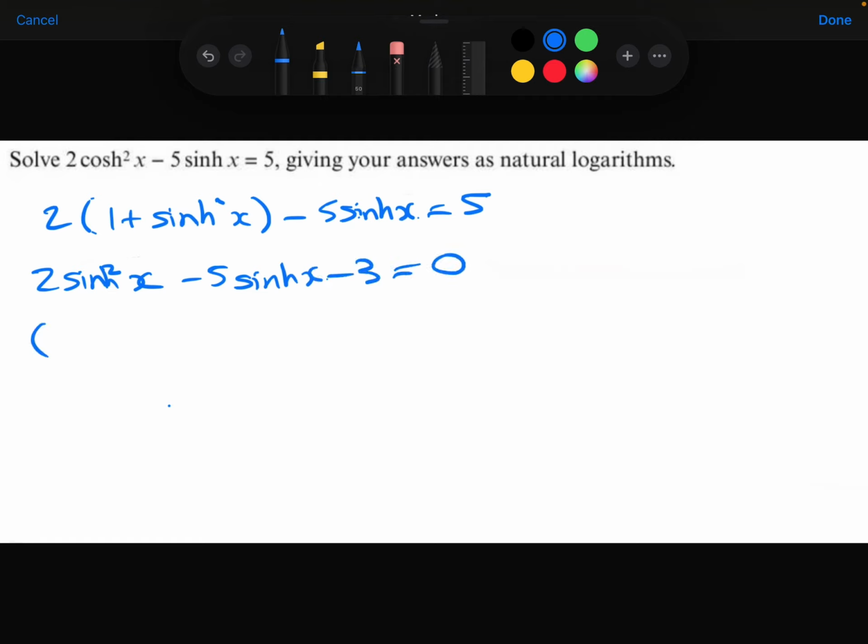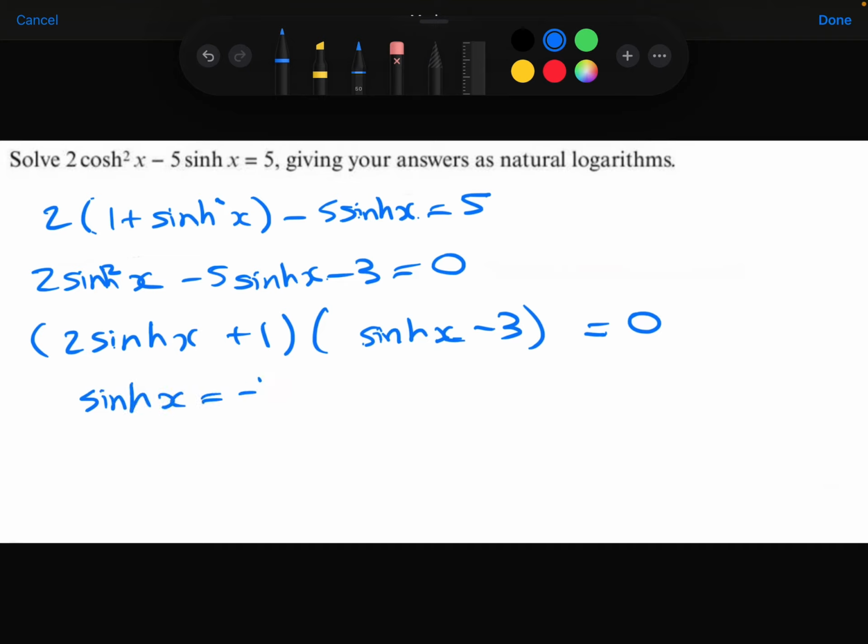I can factorise this quite nicely to be 2 sinh x, this is going to have to be a plus 1, and that's going to be a minus 3. So either sinh x is going to equal minus 1/2, or sinh x is going to equal 3.